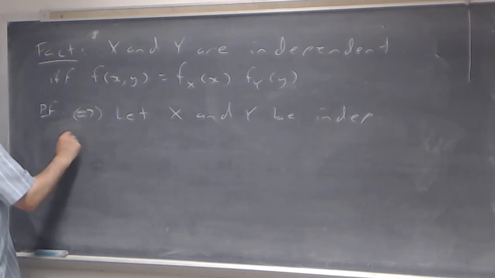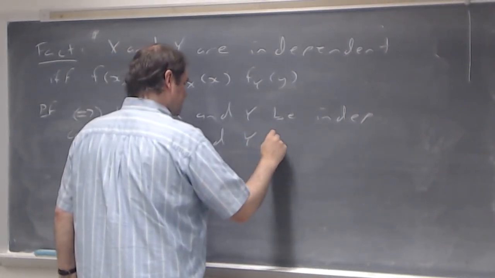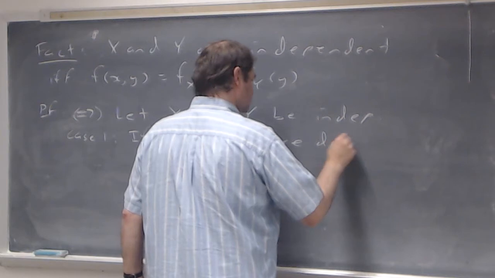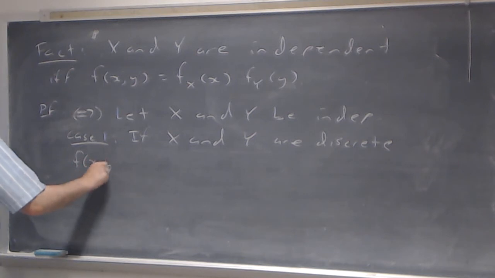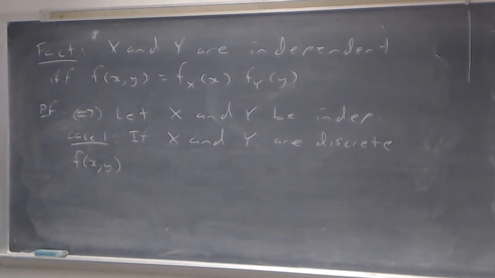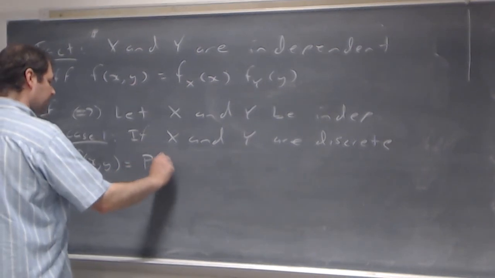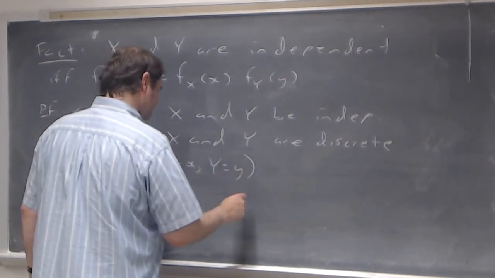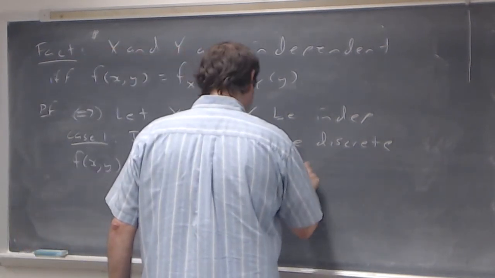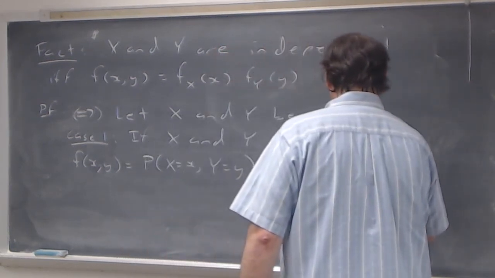And so here, case one is if x and y are discrete. Then in this case, if you look at f of x comma y, what that's going to equal is the probability that x is equal to little x and y is equal to little y. And that can be thought of as the probability that x is an element of the singleton x and y is an element of the singleton y.